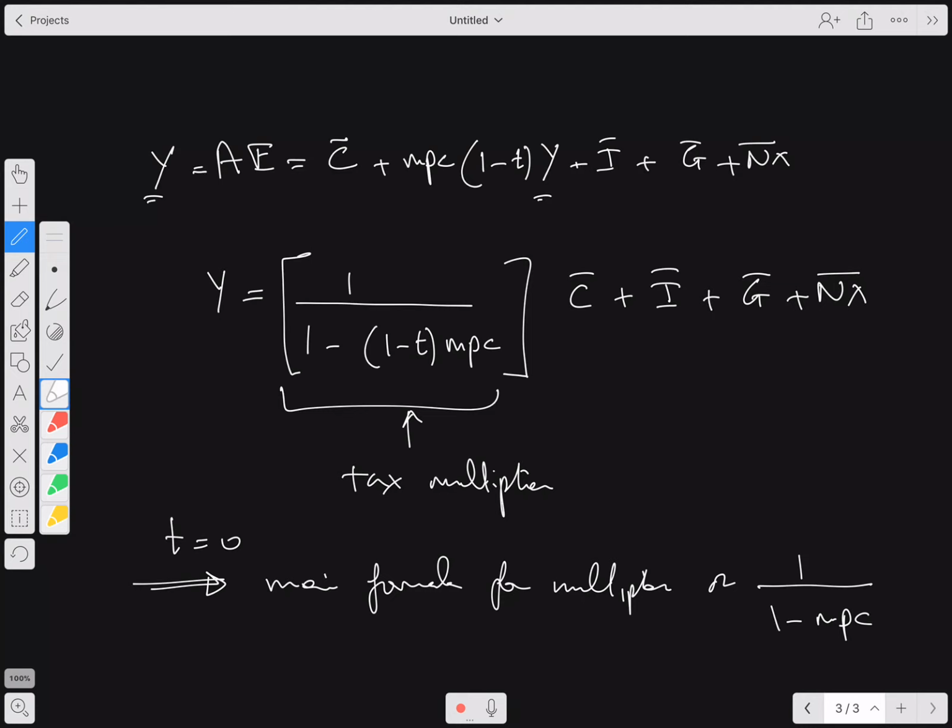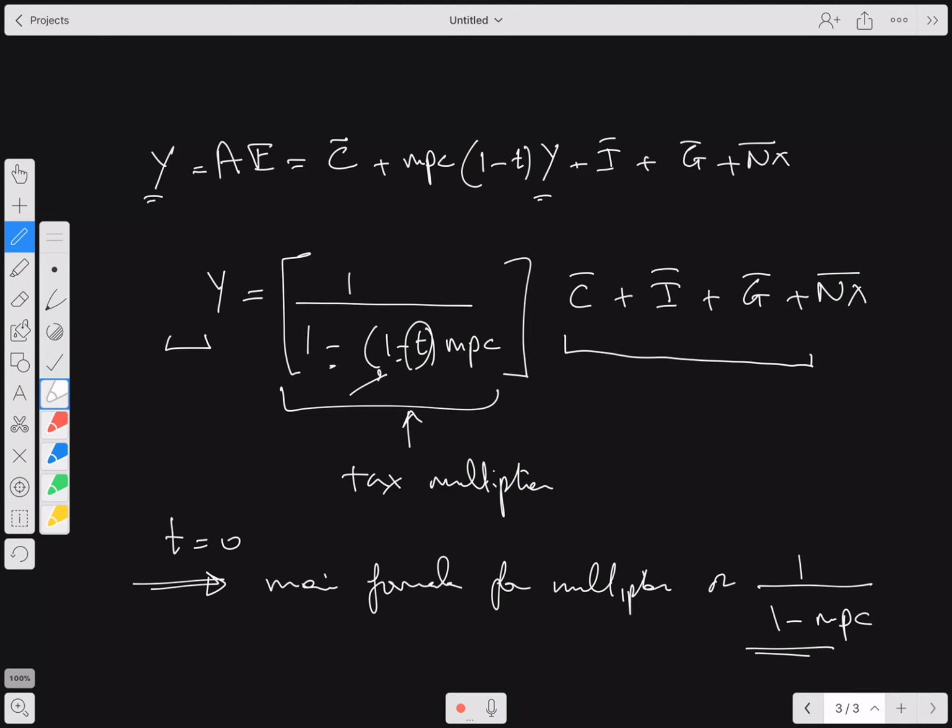So the presence of this tax multiplier basically means that a $1 increase in any of these autonomous spending would have less impact on y in the presence of t. Mathematically, when you look at t here, it has a negative sign and it has another negative sign outside the bracket, and it's in the denominator, so that implies that it will reduce the multiplier as compared to the main formula for the income multiplier, spending or expenditure multiplier, I should say.